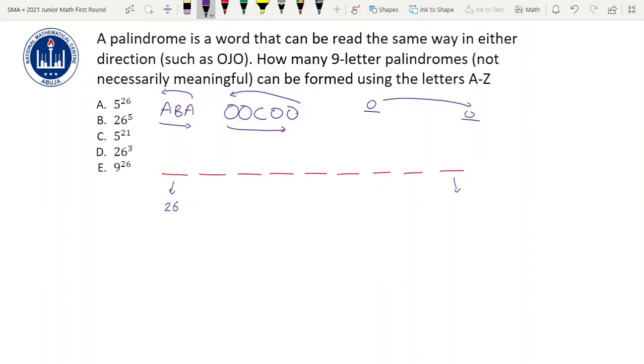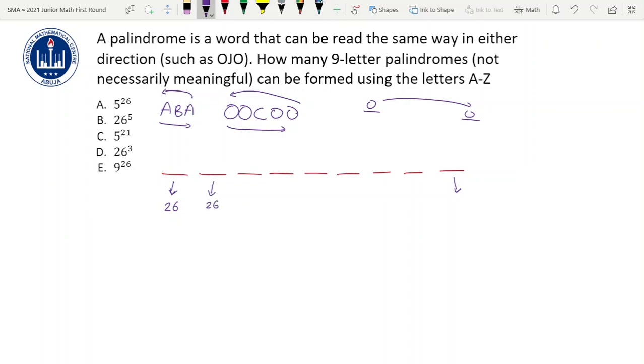So once we pick the letter that we'll have here, the one that we'll have in this last space will automatically be fixed, right? So we don't need to make a decision for that later on. And they didn't say that the letters we pick should be different, right? So we can pick another letter again from the 26 letters of the alphabet to be placed here.